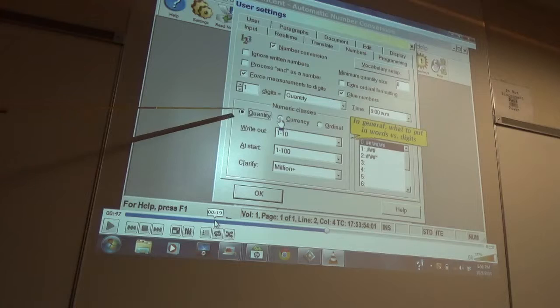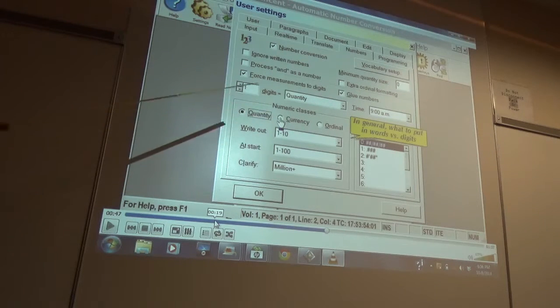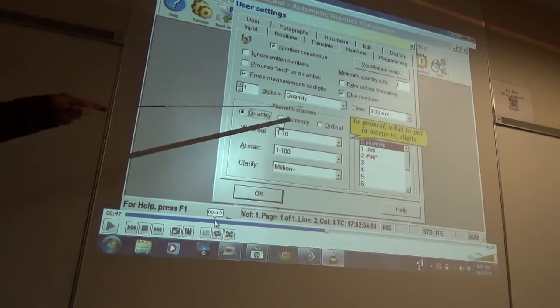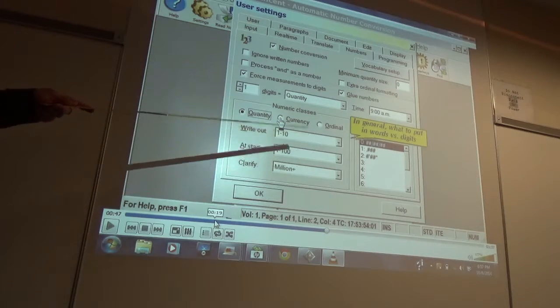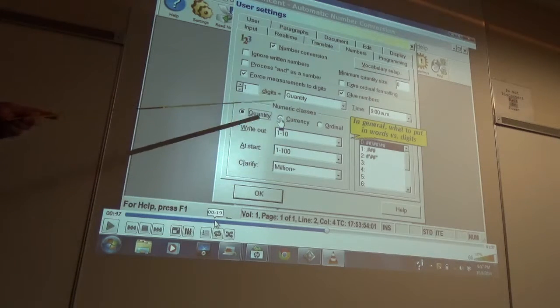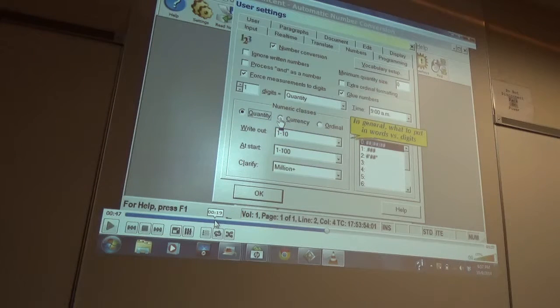Whether you want it in quantity, currency, and it's going to give you the different options. So if you want it in quantity and you always want it written out 1 through 10, then that's fine. But when it comes to currency, it's going to give you a whole new table of stuff. So every time you click one of these, it's going to give it different. So don't think that this changes it for all 3 of these, because it doesn't. They're all separate. Y'all understand that?